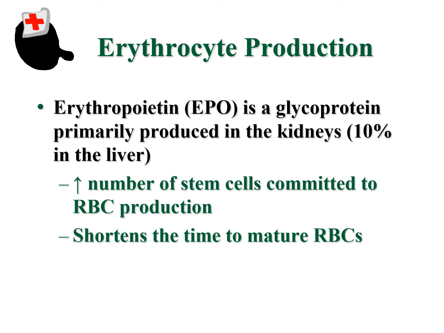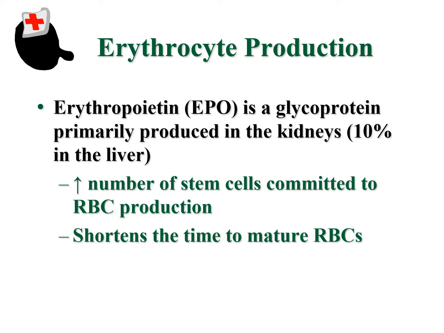So here we have erythrocyte production. Erythropoietin, or EPO, is a glycoprotein primarily produced in the kidneys. It helps increase the number of stem cells committed to RBC production. So essentially it helps ramp up production of RBCs.